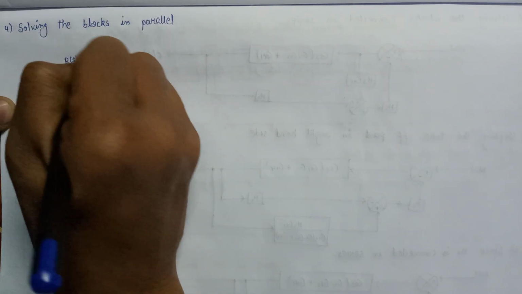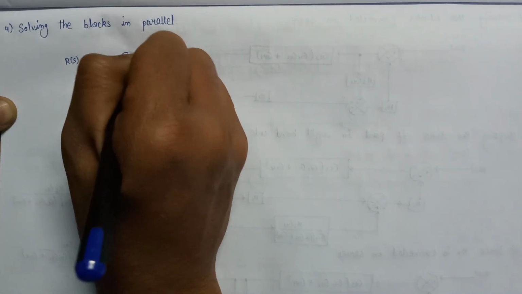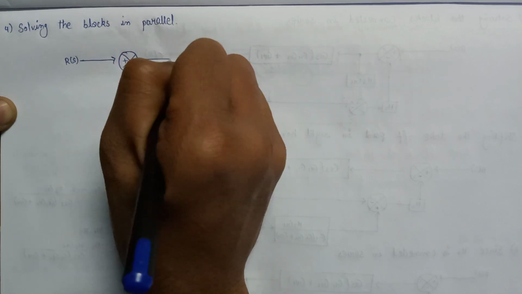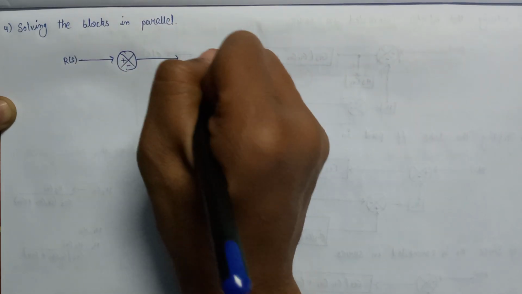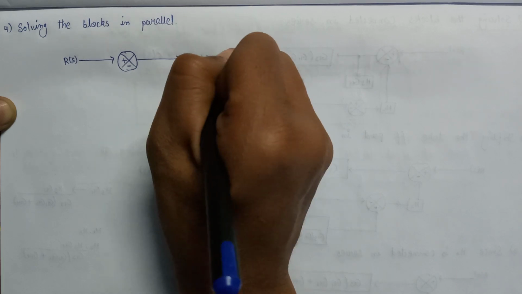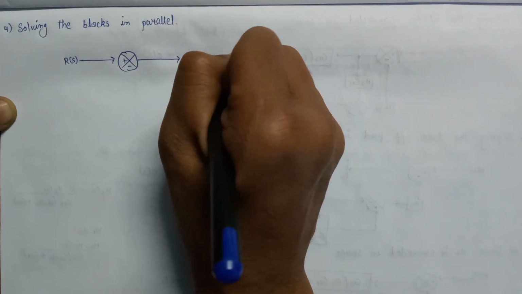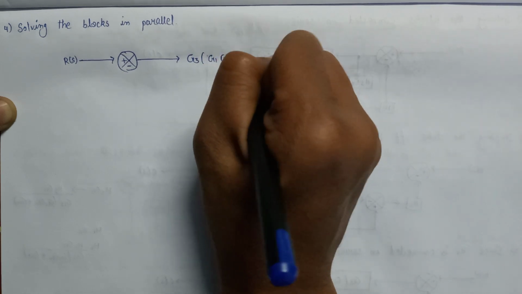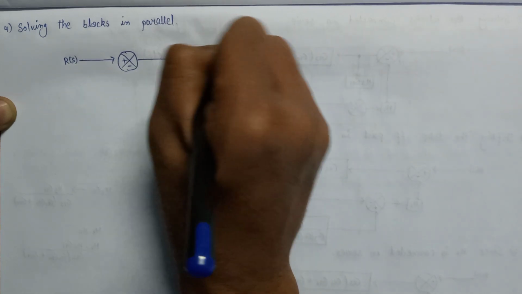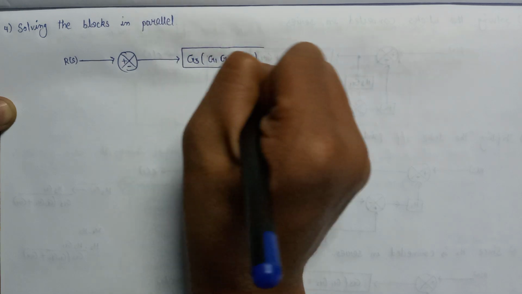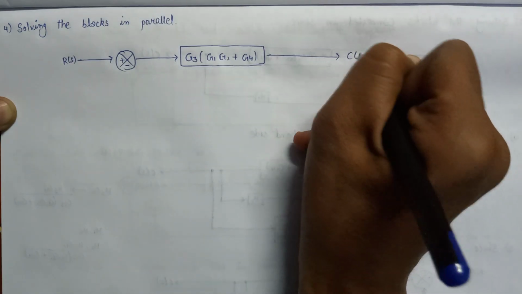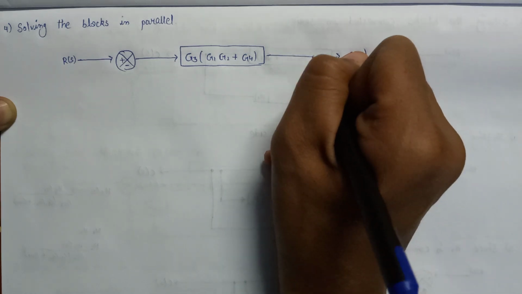So here is an R of S that is applied to the summer with positive polarity, and here is negative, and here is G3 G1 G2 plus G4, and here is an output, that is C of S.